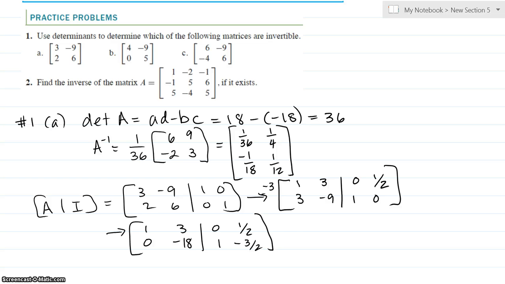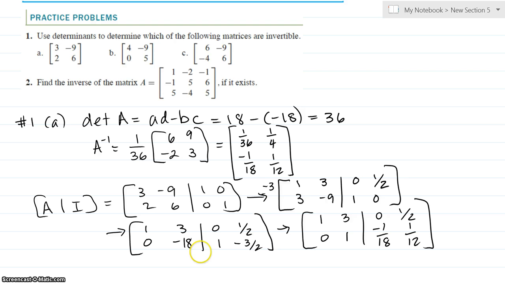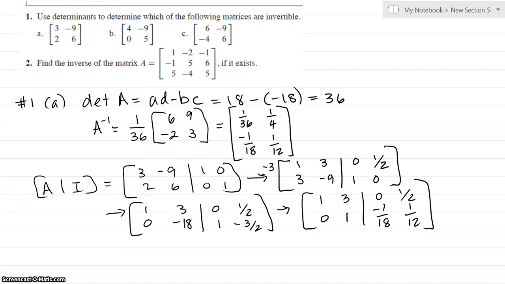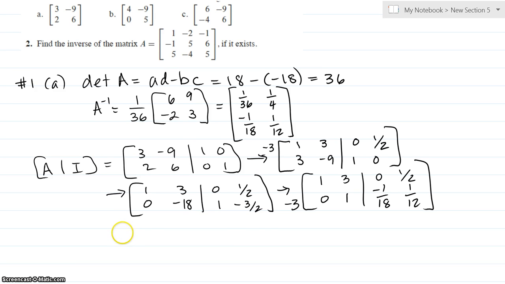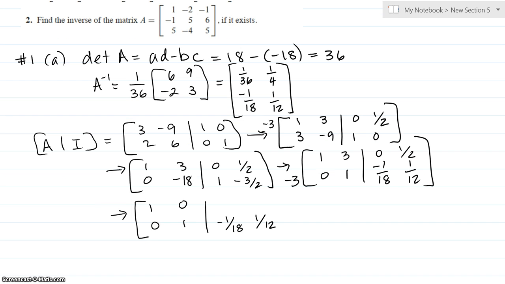Then I'm going to get a 1 in that position by dividing by negative 18. And you see when I divide everything by negative 18, or multiply by negative 1 over 18, you get that last row. Finally, to get the first row, we need to get a 0 there. So I'm going to multiply the second row by negative 3 and add it to the first. When you do this, you get a 1, you get a 0. Here you get 3 over 18, which I realize is 1 over 6.